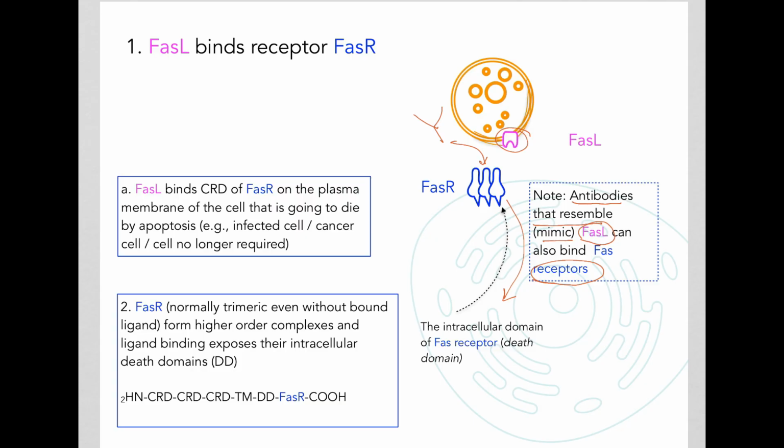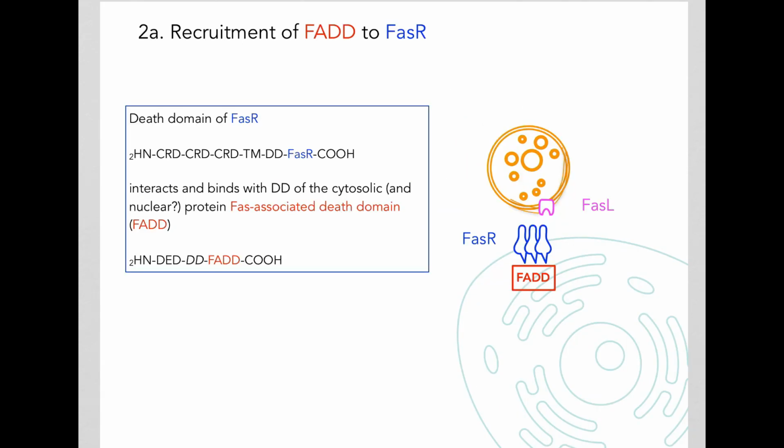This is an important concept to understand because there are several drugs that have been developed or are being developed that actually are antibodies that are used to trigger receptors, and there are diseases where antibodies are produced in the body and they resemble the signal and that can trigger receptor activation. So this is a side note but an important concept to understand in general about receptors and cell signaling.